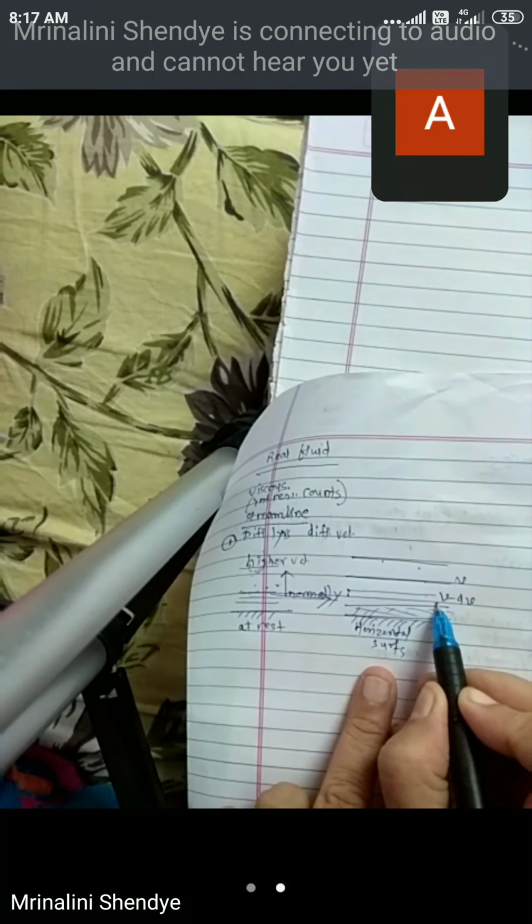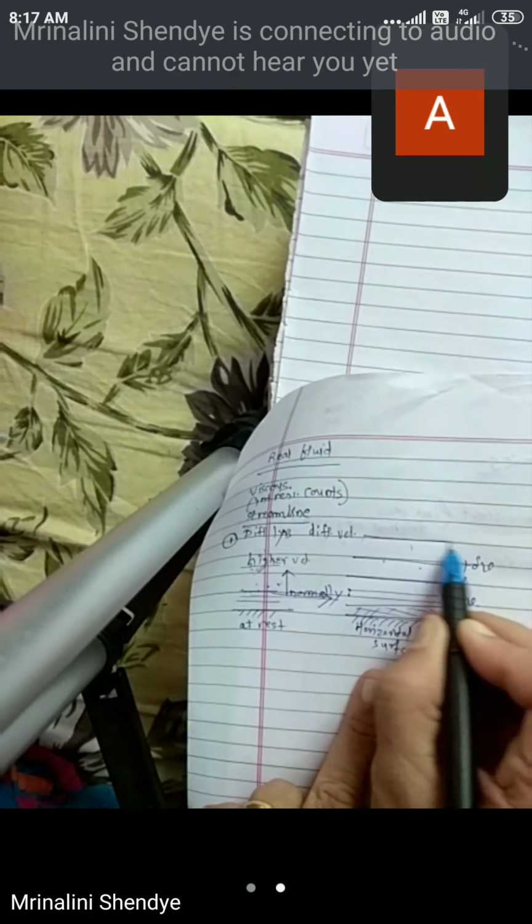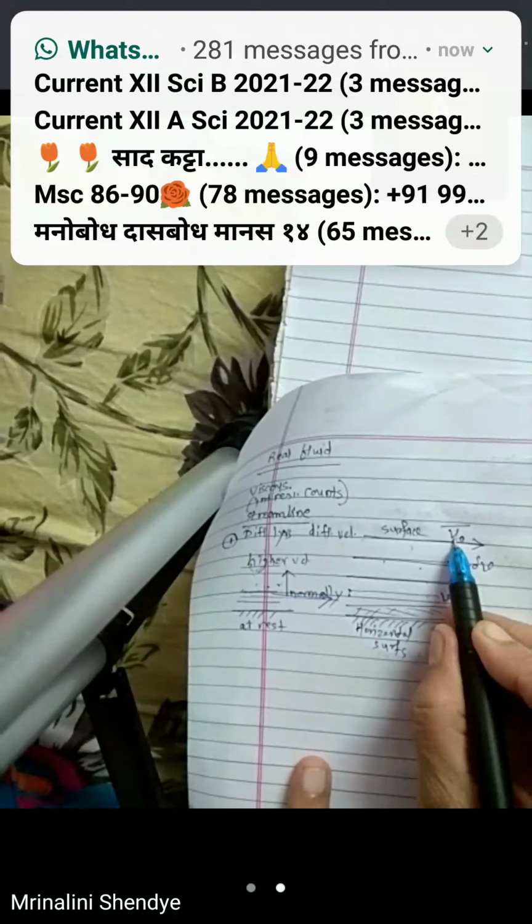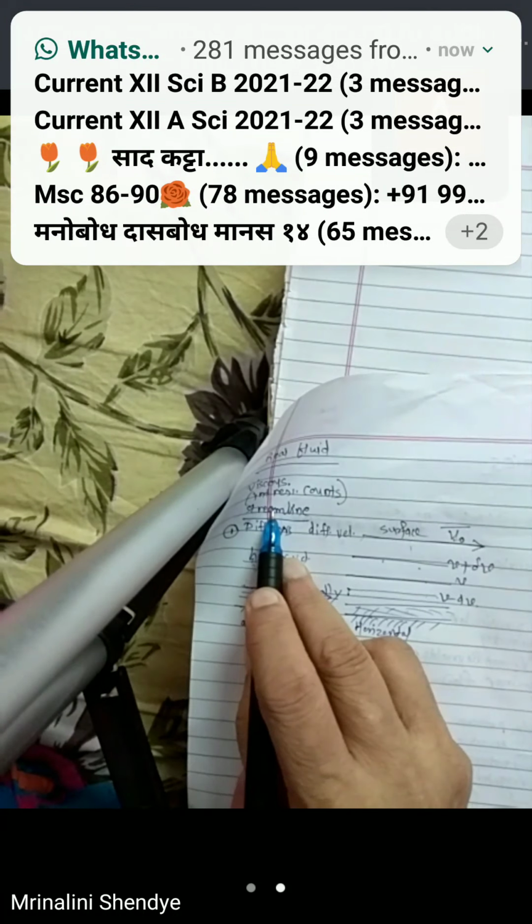If this is v, this is v minus dv, this will be v plus dv, and the layer at the top surface has maximum velocity v naught, and if this is less than critical, then the flow is streamlined.